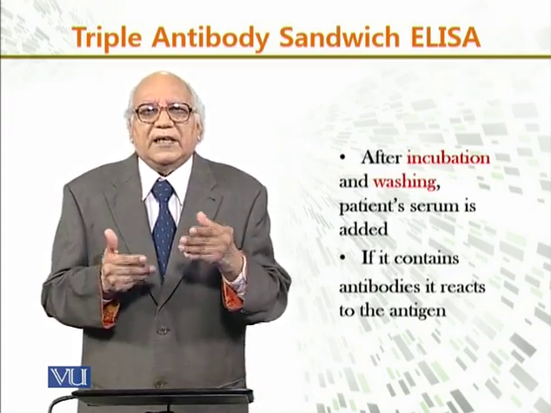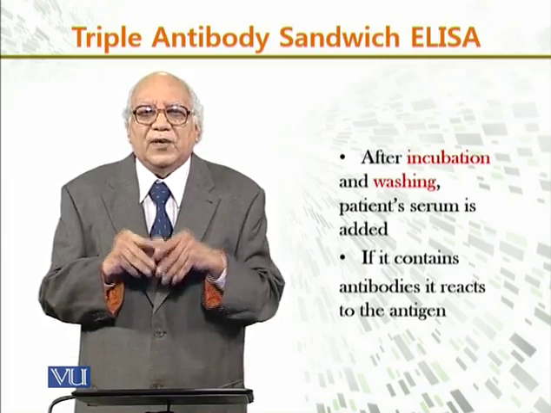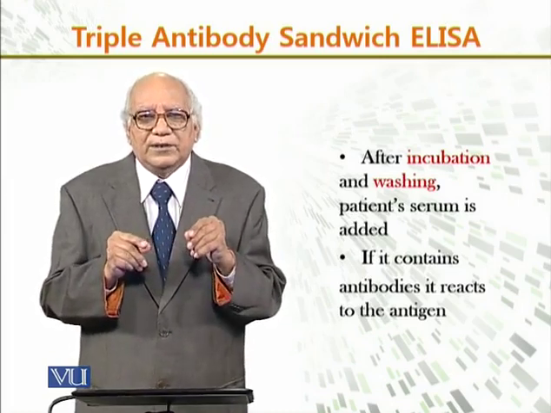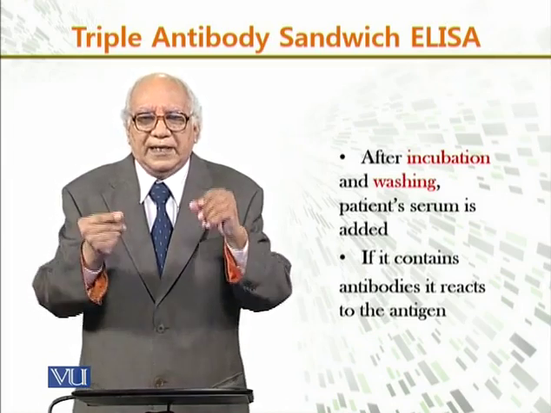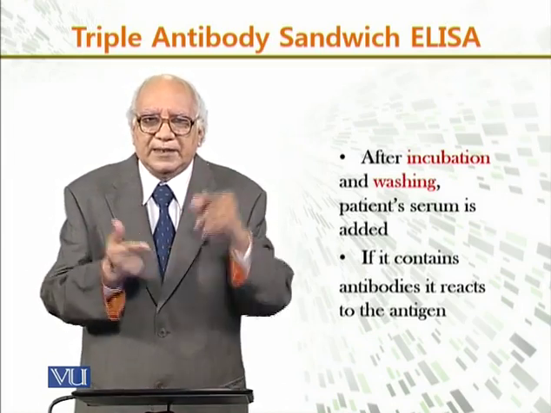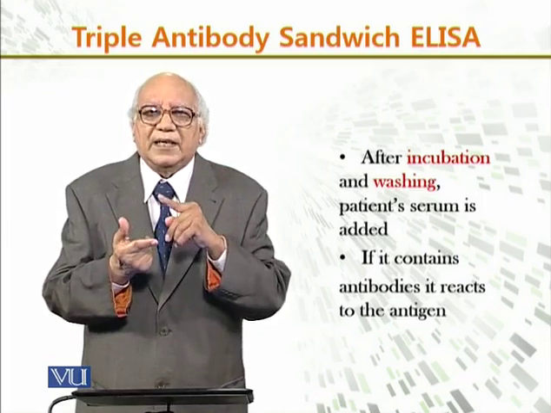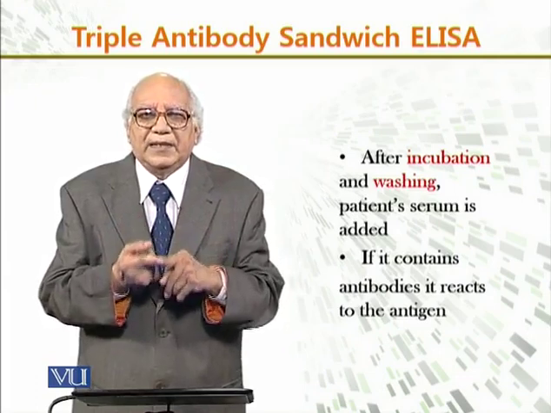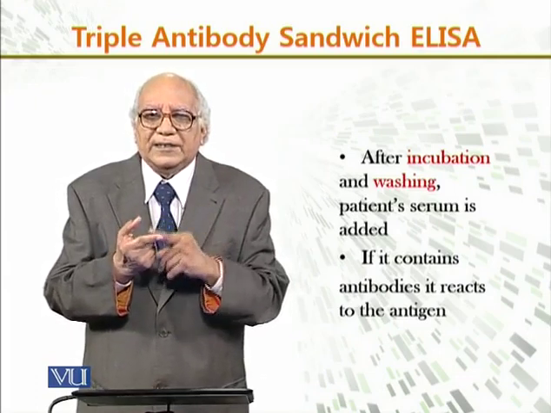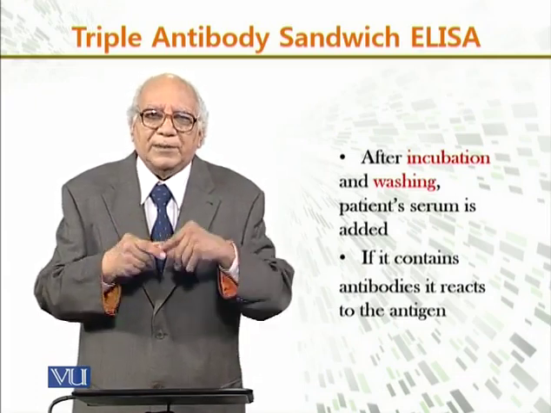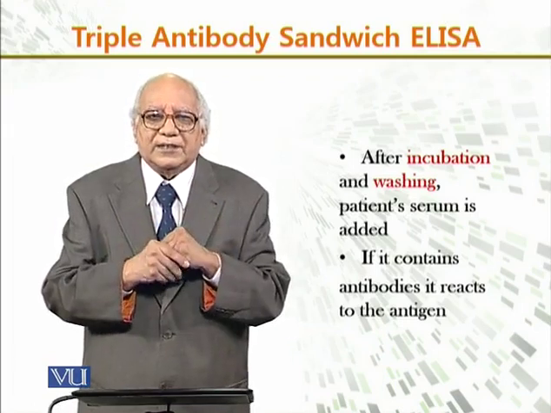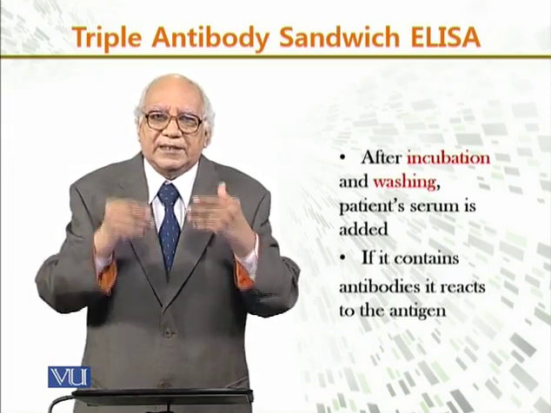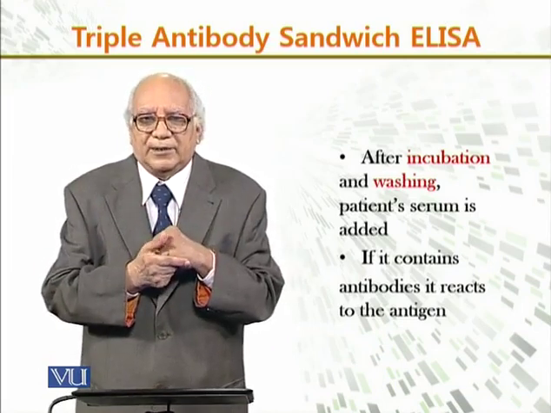After incubation and washing, the patient's serum is added. So you first take the microtitre plate, add the HBV coat protein, and after incubation and washing, the patient's blood serum, which we suspect may contain the antibody, is added.